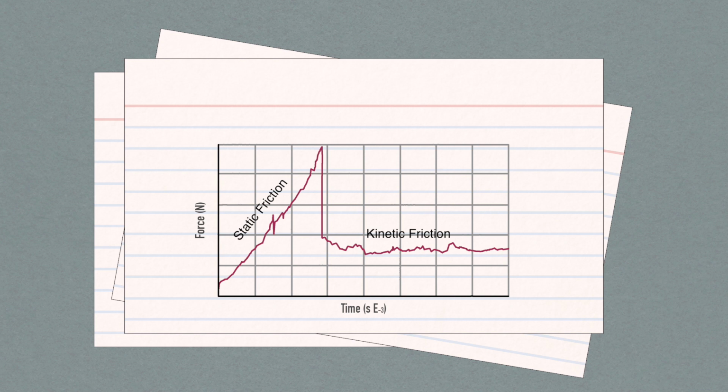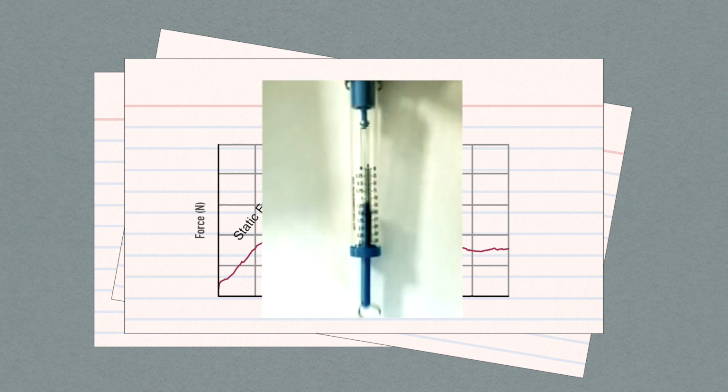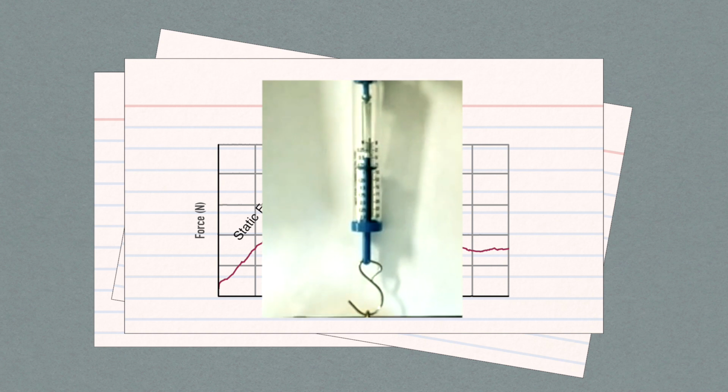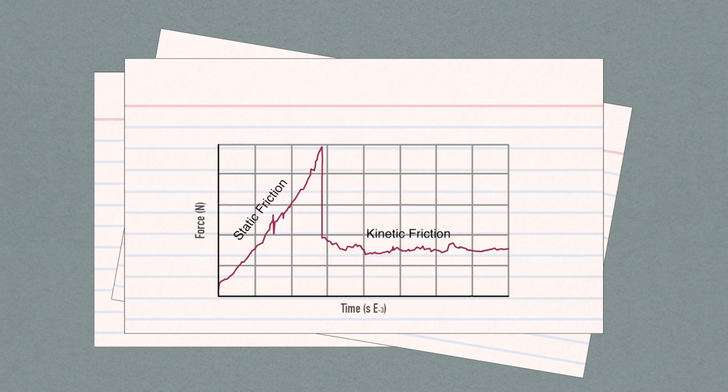As you can see here, it starts out with that initial jolt of static friction, the initial breaking free, and then it moves on to kinetic friction, where the interference of the friction becomes more constant and uniform.